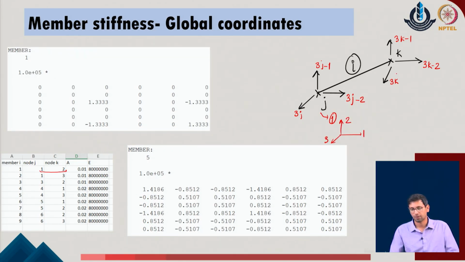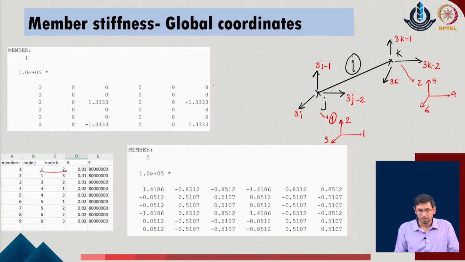Corresponding to k equal to 2, I will have 3 degrees of freedom, which will be 4, 5 and 6, which means that the contribution of member 1 is going in the rows 1 to 6 in the global stiffness, as well as in the columns 1 to 6 in the global stiffness.